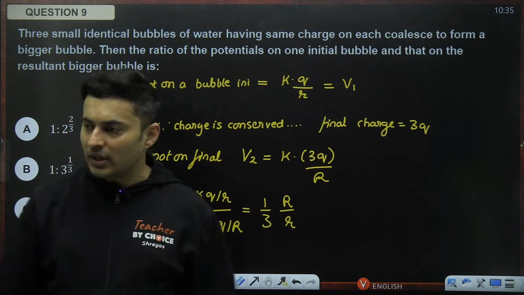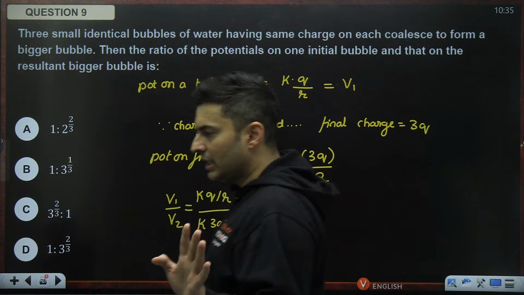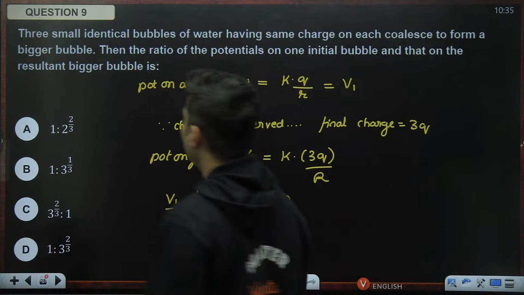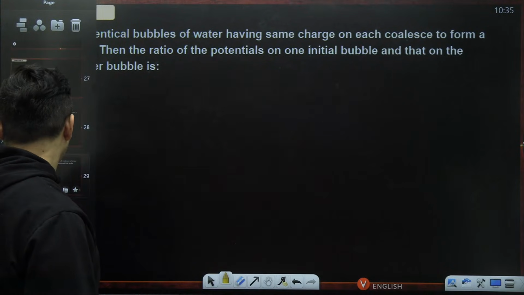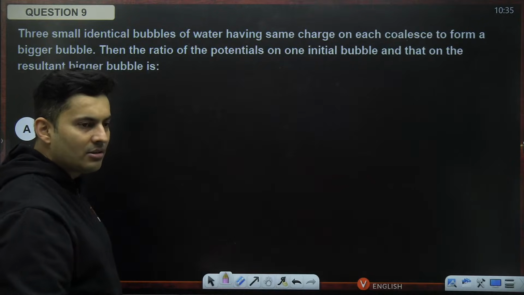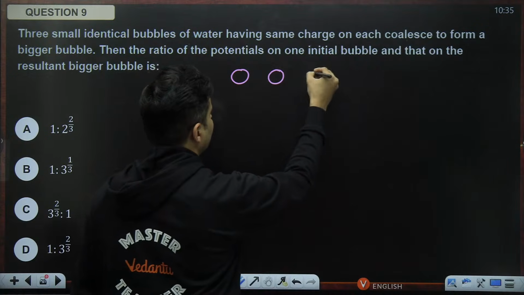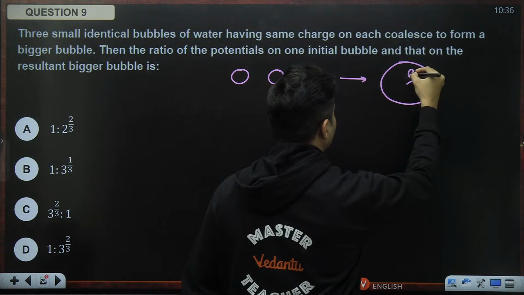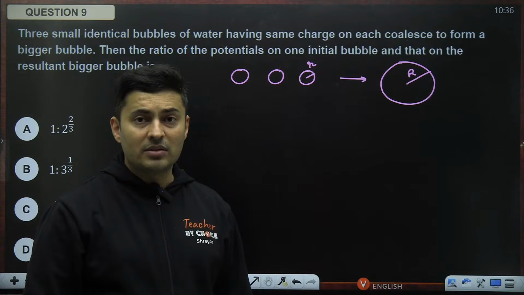Till this point, absolutely clear, everyone? Till this point, absolutely clear what we just did? Electrical potential we are talking about, not the surface potential energy. Now, the problem is, what is this R by r? For that, many people used volume conservation, which I feel is wrong, because imagine this, when you have these bubbles and they become a big bubble of radius R versus small r, how is the volume conserved for a bubble?